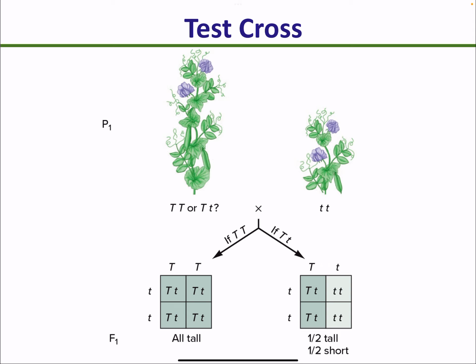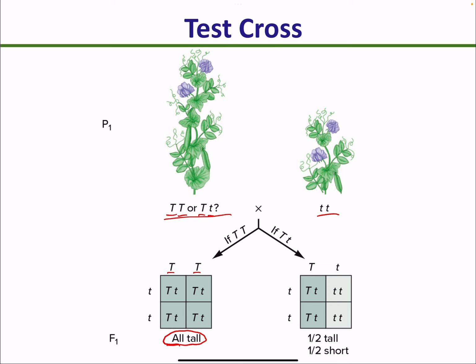You know that one parent is short. The other parent is tall, but is he capital T, capital T, or capital T, lowercase t? So we are going to make assumptions. The first assumption is that the parent is capital T, capital T. In that case, all the offspring is going to be tall.